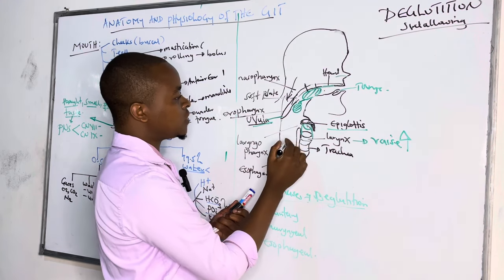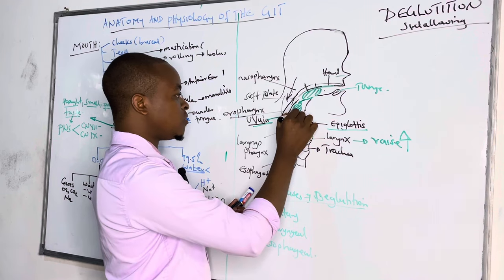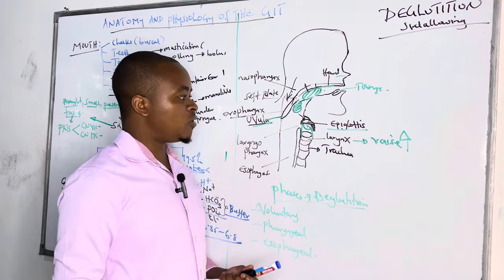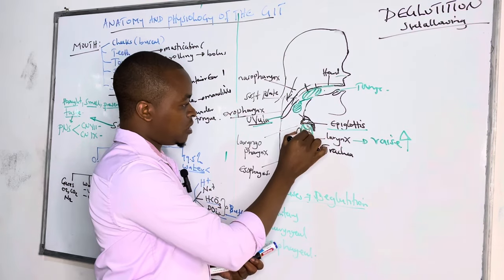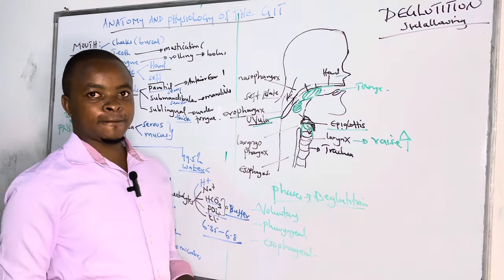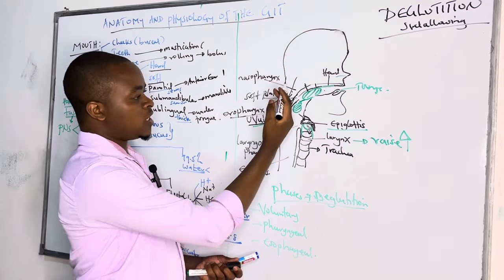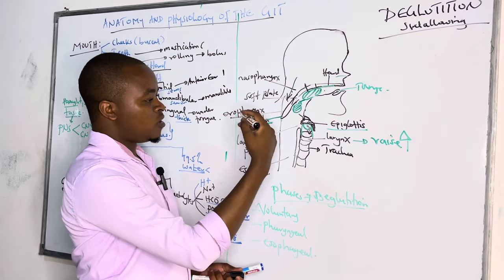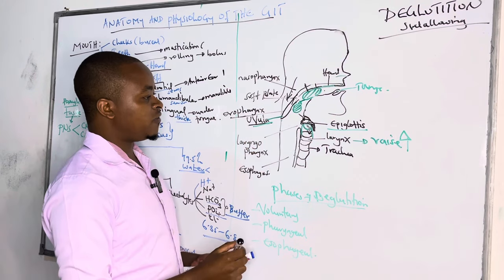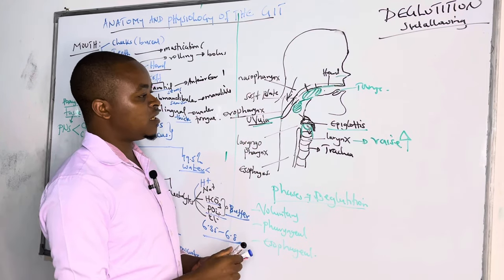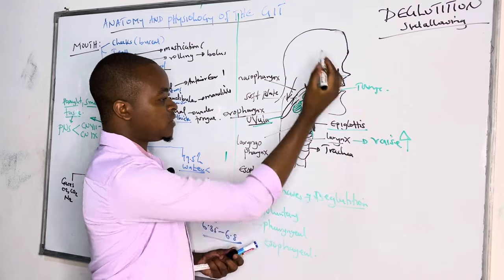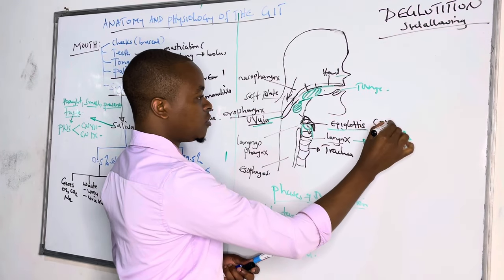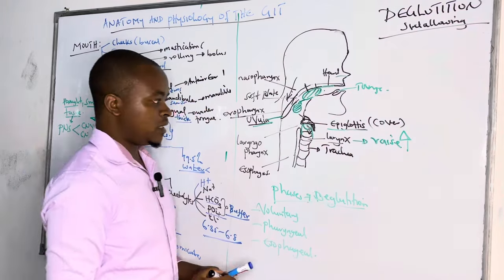And why is it closing? We don't want the food bolus to enter into the trachea and into the respiratory tract. This can make you die in case food enters into the larynx. So during swallowing, the food bolus, via the cranial nerve 9 and the vagus nerve, triggers the larynx to raise, causing the epiglottis to cover or close the larynx.